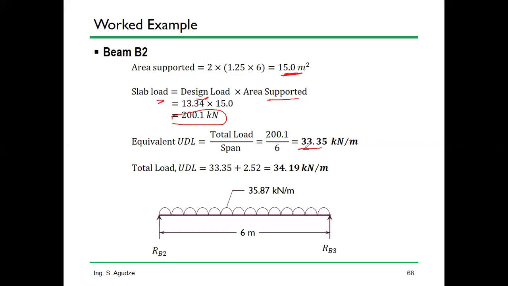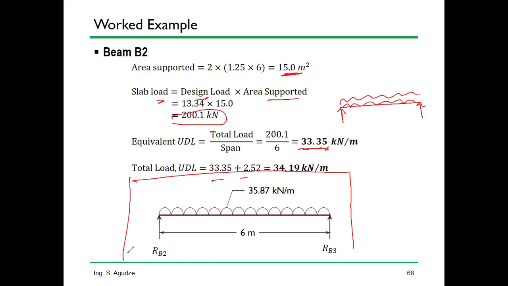That gives us 33.35. Because I know the beam load is also UDL, and the slab is also UDL, I can add the 2 and get 34.19. Otherwise, you may decide to draw them separately as the self-weight of the beam and then the slab load. So it depends on you. If you get here, this is what you are now going to analyze to get bending moment and shear force.